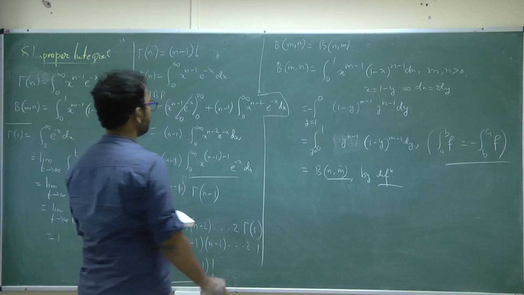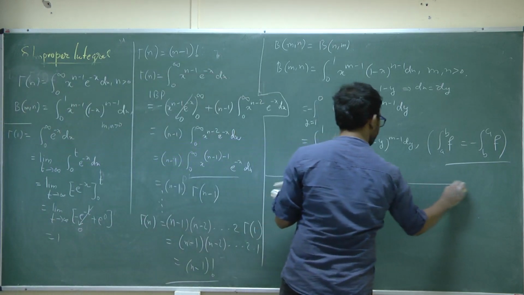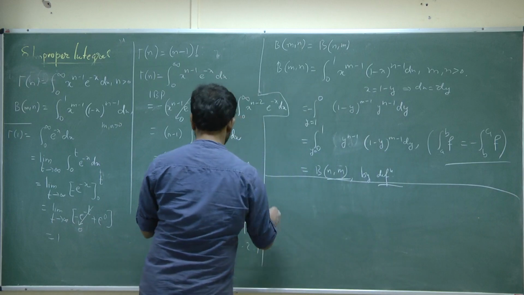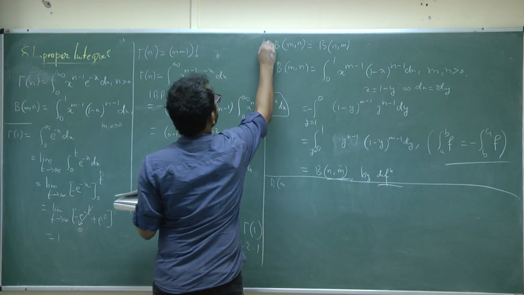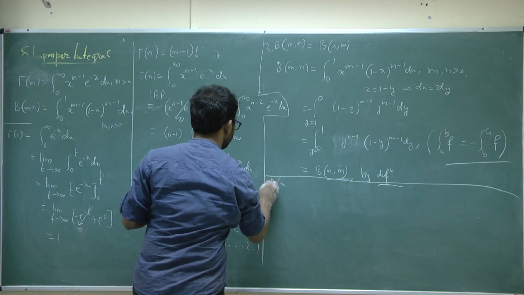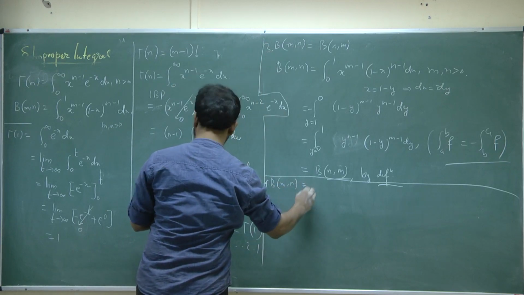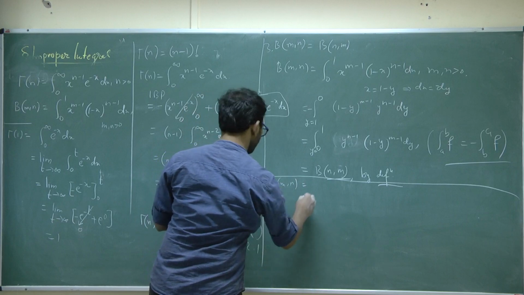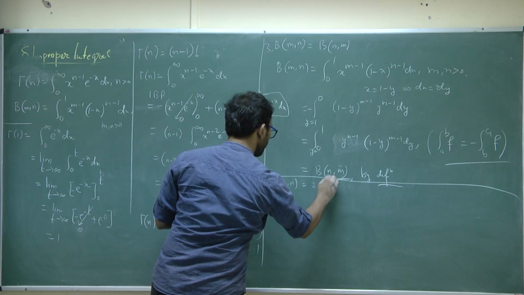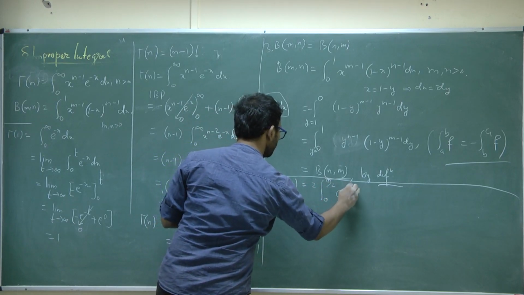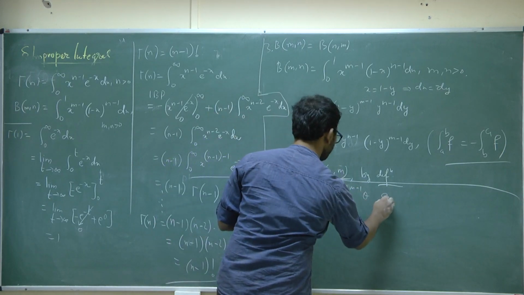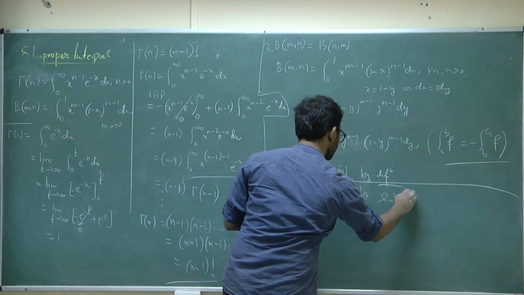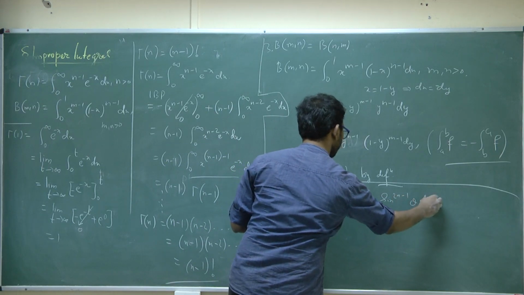We can also transform the definition of beta function into cos theta and sin theta. So, fourth property is, this is third property, this is fourth property: beta(m, n) equals 2 times the integral from 0 to pi by 2 of cos to the power 2m minus 1 theta and sin to the power 2n minus 1 theta d theta.